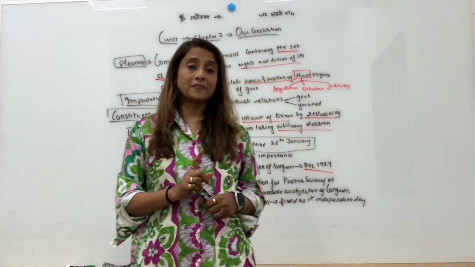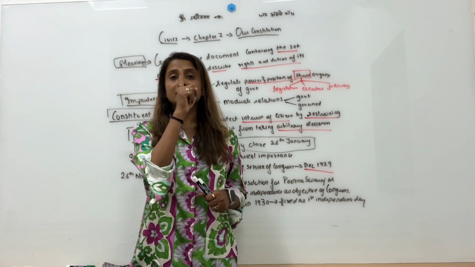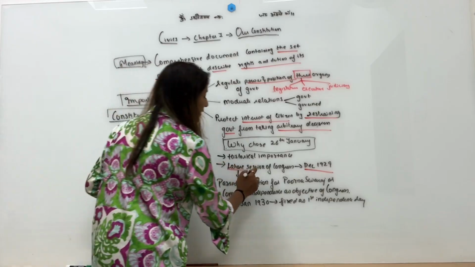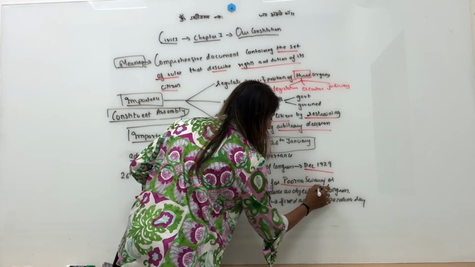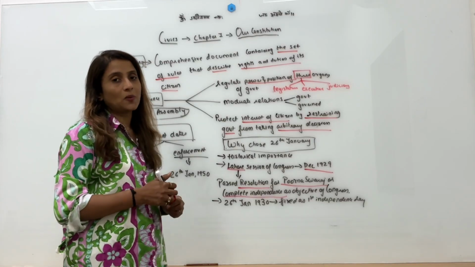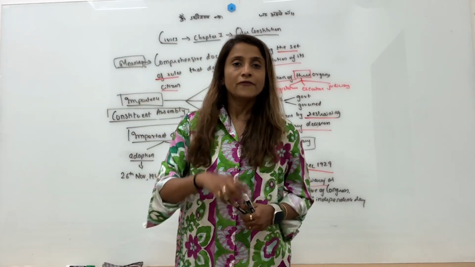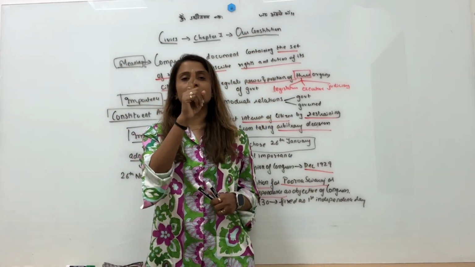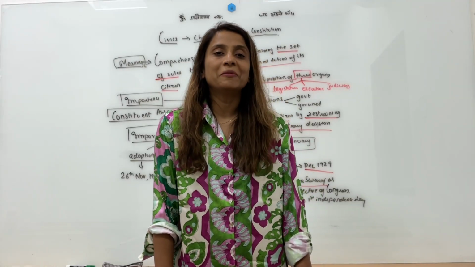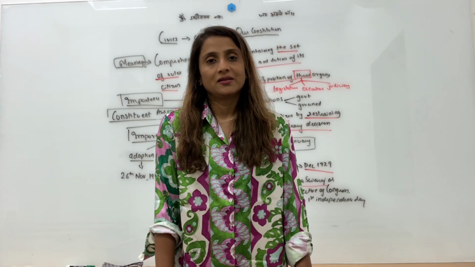And at that time, Congress first time had demanded and passed a resolution of Purna Swaraj or complete independence as an objective of Congress. First time Congress had passed a resolution demanding Purna Swaraj or complete independence.